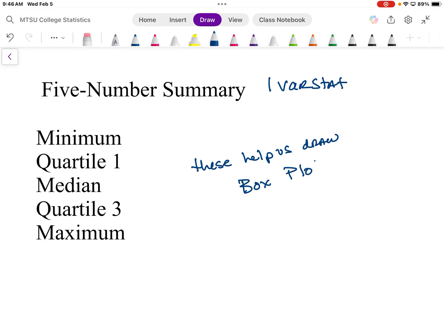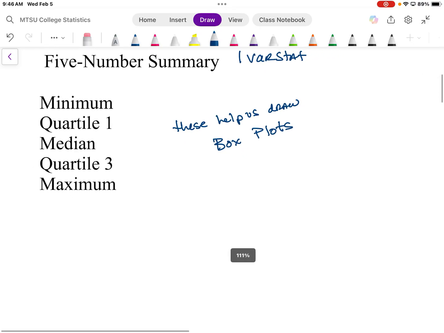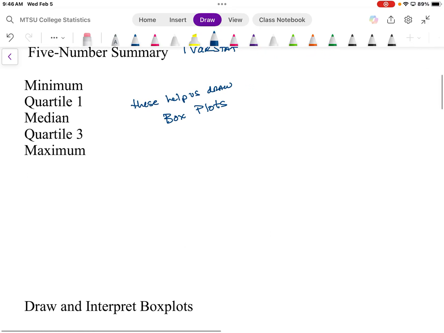That's one of the purposes of why we use it. It helps us draw the box plots so that when we have to do parallel box plots and compare 2 sets of data, we can put them on the same grid and then compare who had a greater spread, dispersion, so forth, who had a higher median.